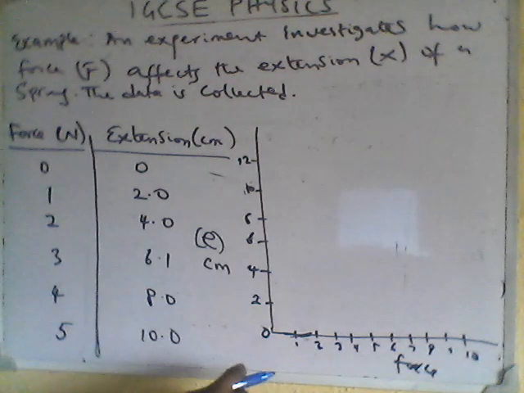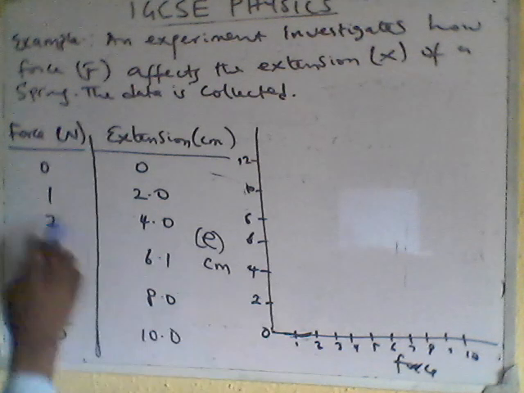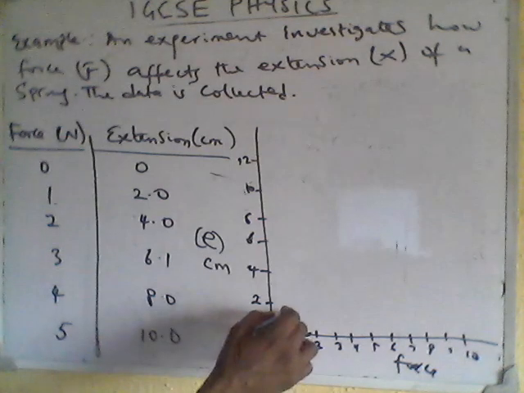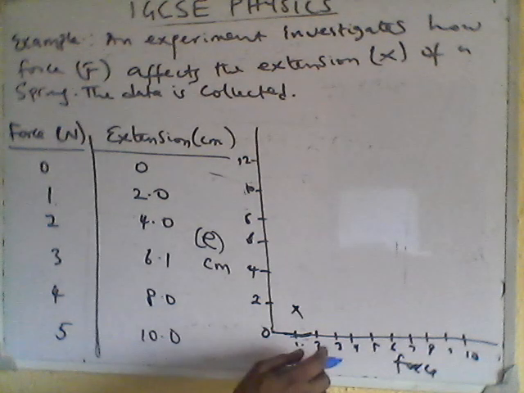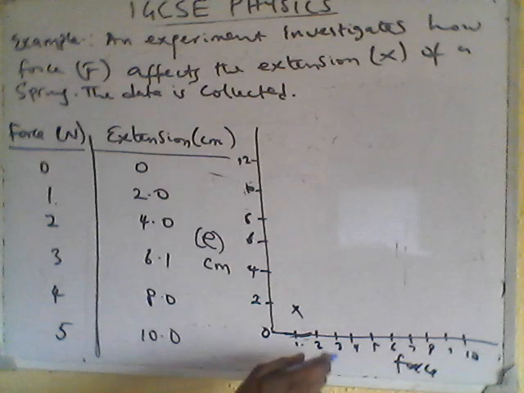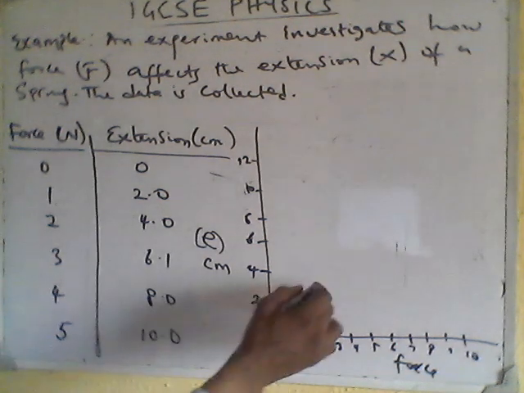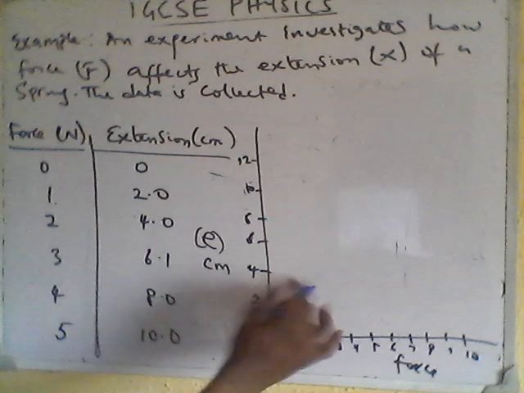So at 0, 0, this is the starting point. If my force is 1 Newton, my extension is 2. This is my first marking. If my force is 2 Newton, my extension is 4. Second marking somewhere here.